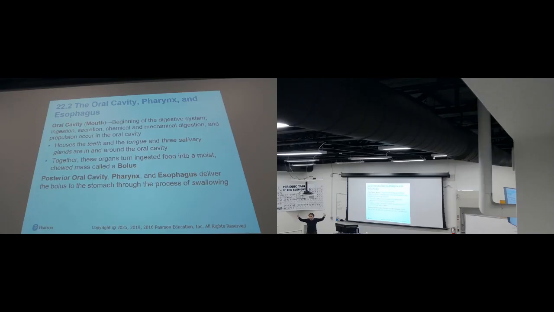So it receives the bolus of food, and then when we elevate the tongue against the roof of the oral cavity, we pass that food into the pharynx, and the pharynx is made of three constrictor muscles, the superior, middle, and inferior.